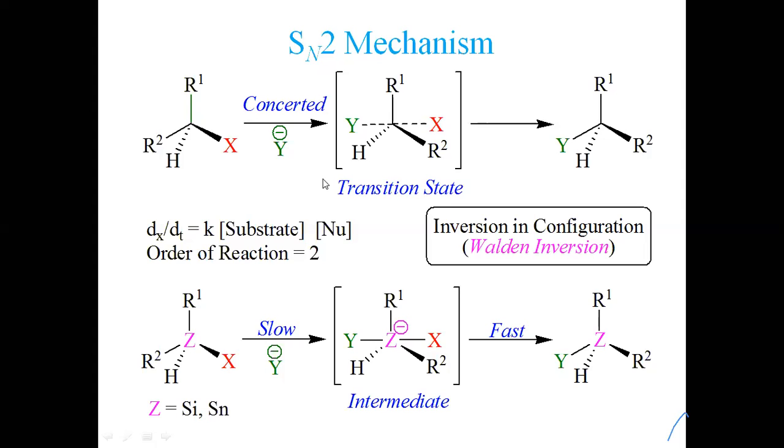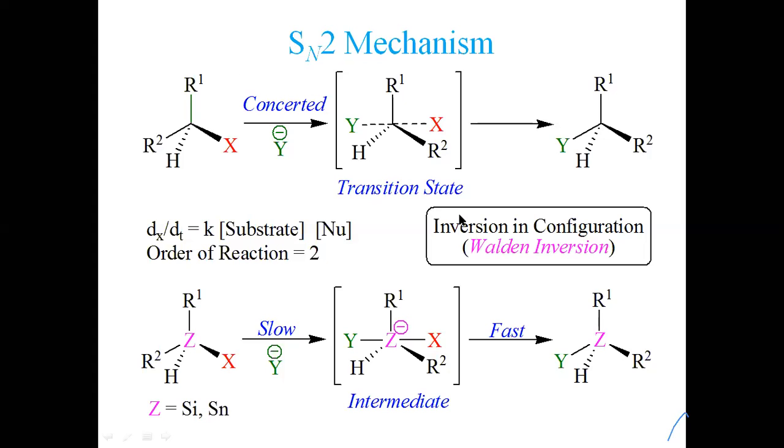This study was done by a scientist called Walden. So this is also called Walden inversion in the literature. Walden inversion is a tribute to Walden, because he worked a lot on the mechanistic study of SN2 reactions.